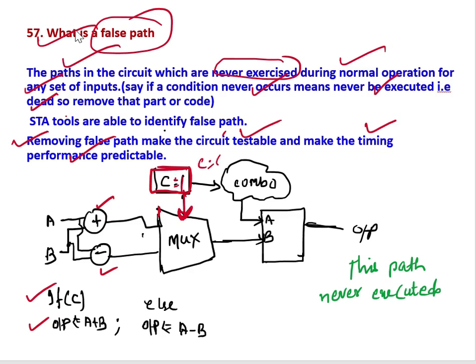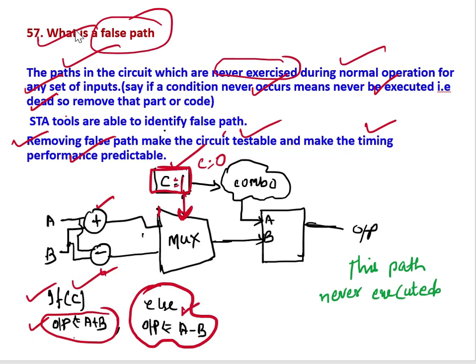C never becomes 0 here. That means this line will be executed all the time: output equals A plus B. It is never going to execute the else part, output equals A minus B, because C is a constant 1. So this line never gets executed. That means this path is never executed.